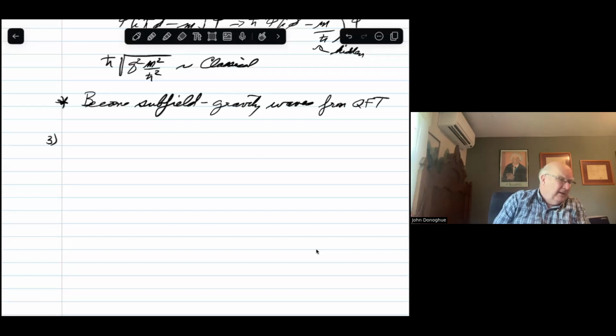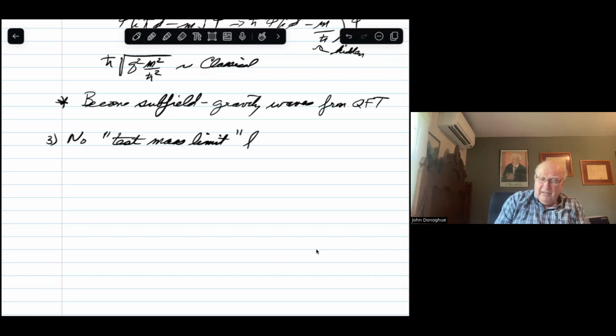Okay, so it's a little subfield. The third thing at this stage, after this next one, I'll stop and ask if I've answered the question already. There is no test mass limit for quantum effects. And this is actually an interesting one.